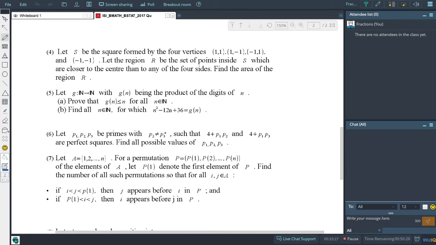So what we need to prove is that the product of the digits of a number is less than or equal to the actual number. So let's try to prove it.